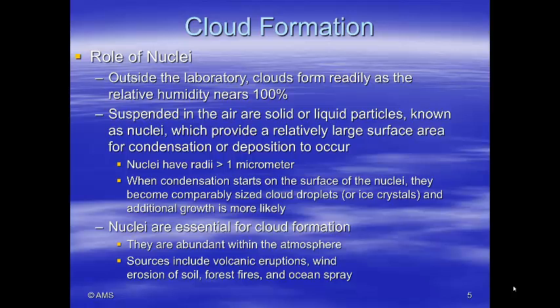And the reason is that suspended in the atmosphere, we have these solid or liquid particles known as nuclei, and they provide a relatively large surface area for condensation or deposition to occur. So what has happened is we have this water vapor, and then there's a little piece of solid something in the atmosphere, and water droplets will begin to stick to it or coalesce to it, and we'll get condensation on that solid particle.